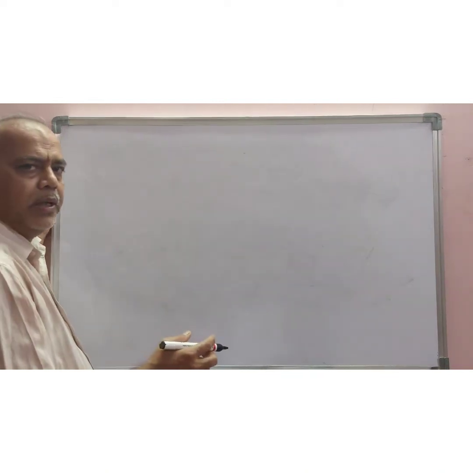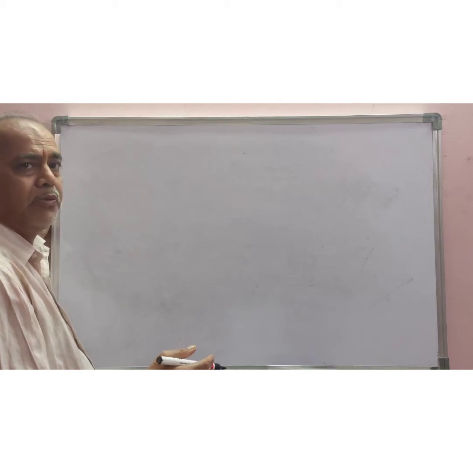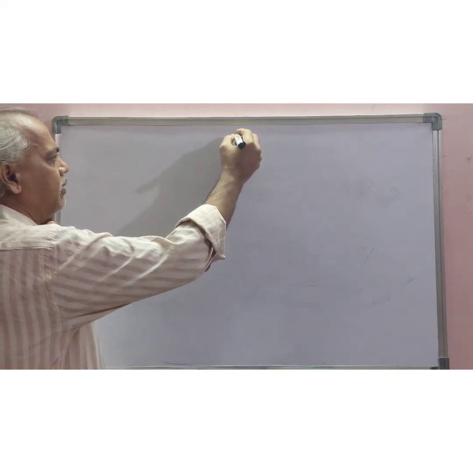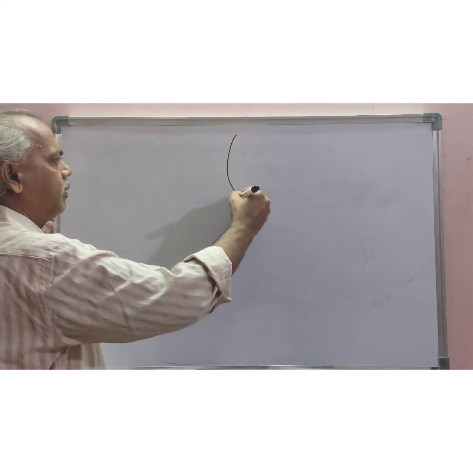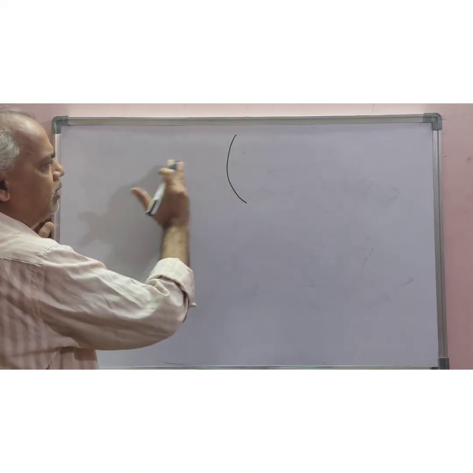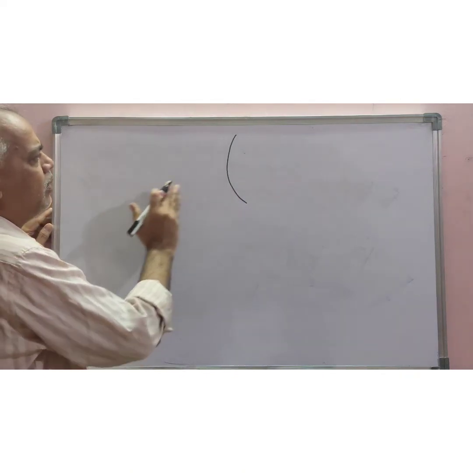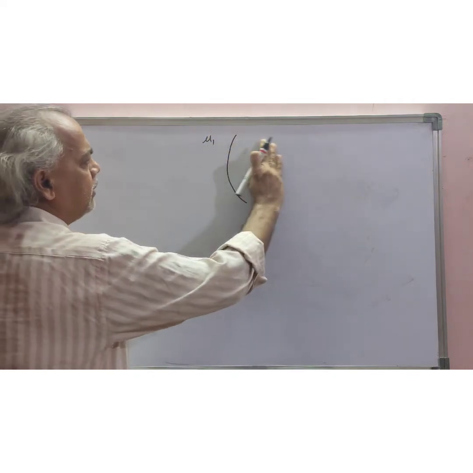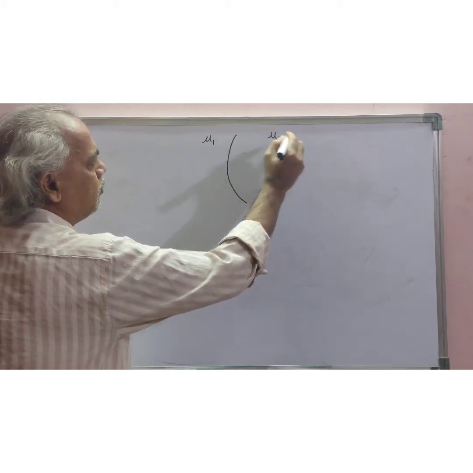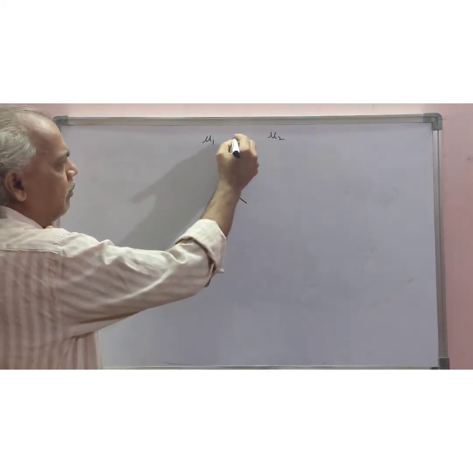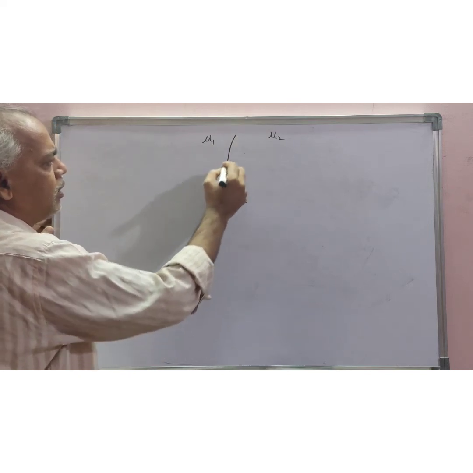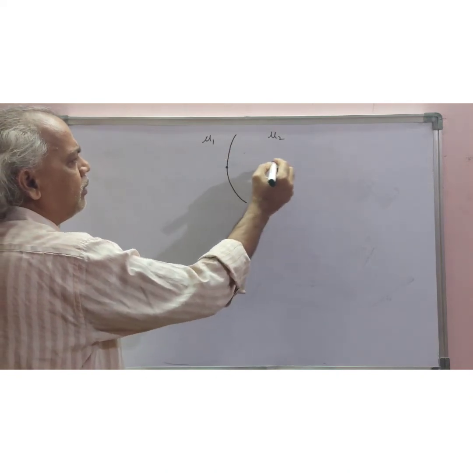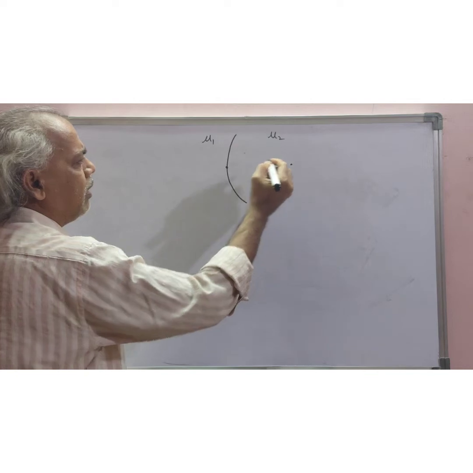Now we can discuss refraction through curved surfaces. Suppose it is a curved surface, with the curved surface toward the rarer medium, here say μ1, that is air, and a denser medium, say μ2. The middle of the curved surface is called the pole, and the center of this curved surface is called the center of curvature.